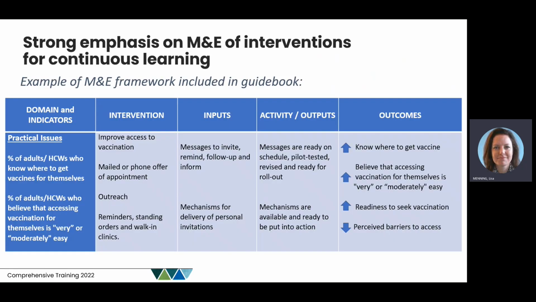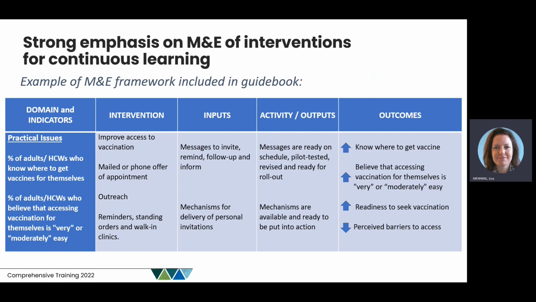Monitoring and evaluation of interventions is also absolutely critical to establish whether they're being effective, whether there's continued improvements that are needed on those interventions. And so in our guidebook, we've included this summary table to offer an indication of the different kinds of measures that could be needed for various interventions.